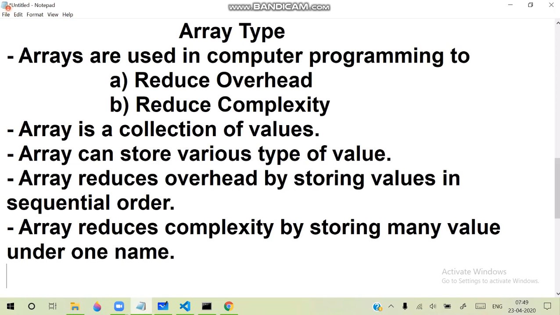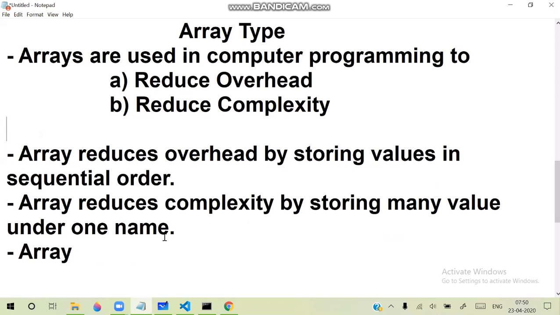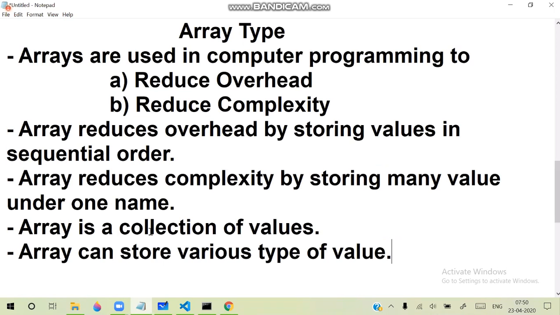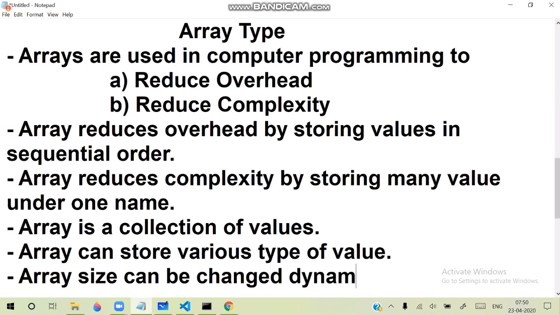And very important: array is a collection of values. Array can store various types of values. Not only that, array size can be changed dynamically.